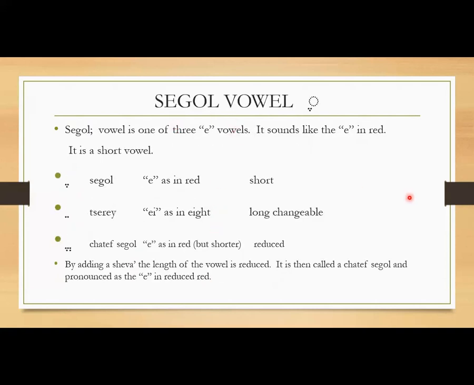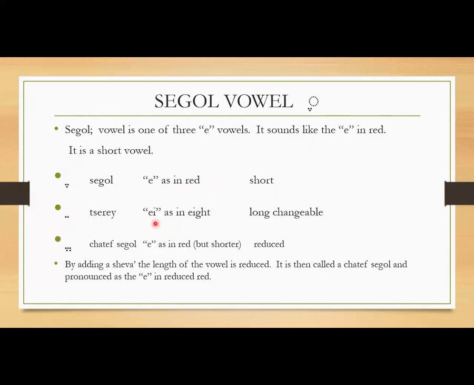Segol is the three little dots. It sounds like the e in red. It's a short vowel. There are the three dots. We call that the segol. As in red, which is short.